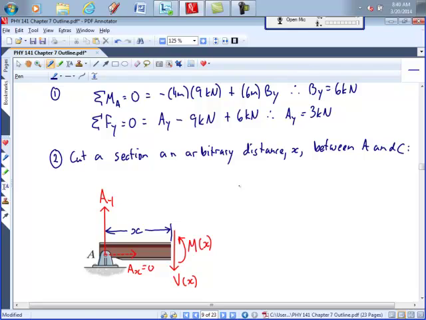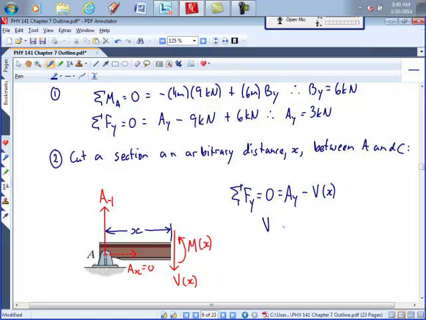Equations of equilibrium. So if we start with net force y equals 0, I've only got two forces. I've got AY, which is up, and I've got V, the shear force, as a function of x, that's down.